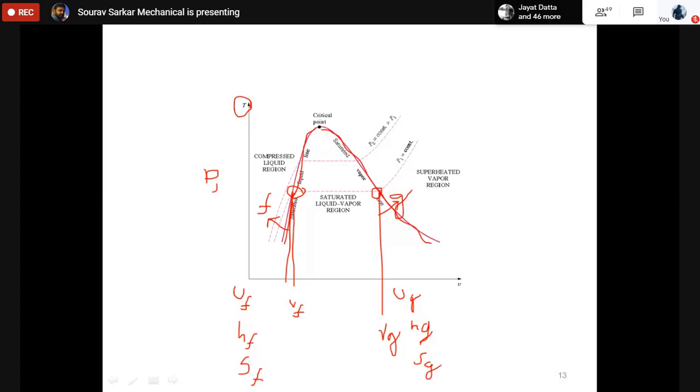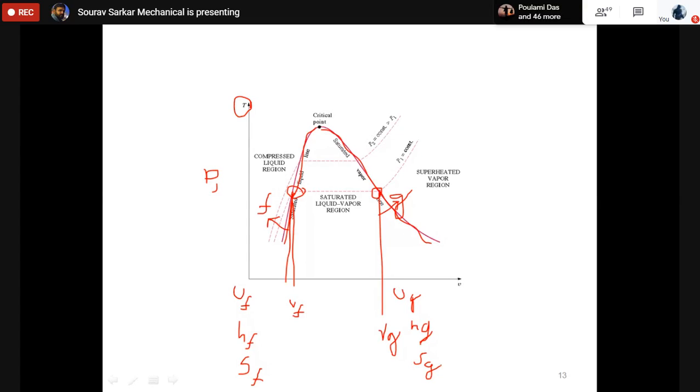Simultaneously, you have the internal energy of the saturated vapor and the specific volume of the saturated vapor.